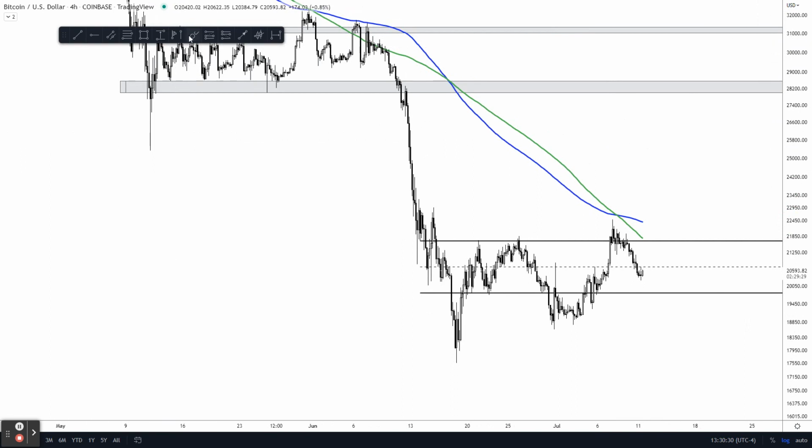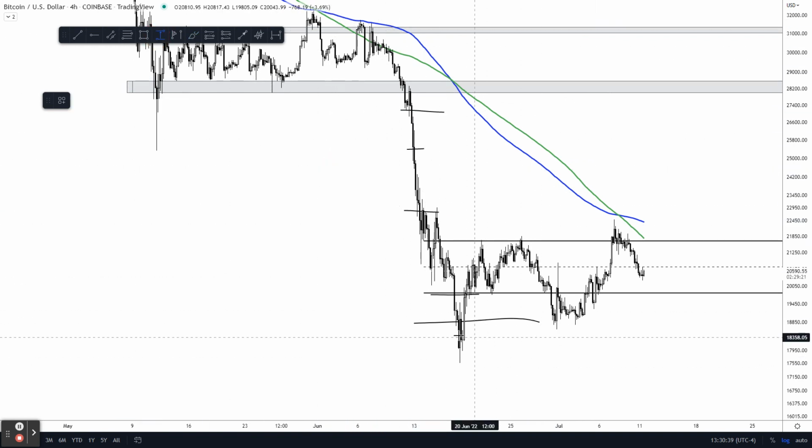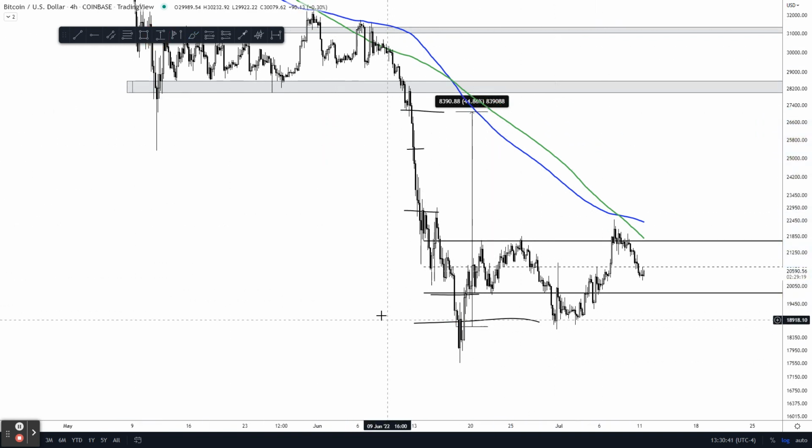If we're sitting here arguing, hey, 4 hour 200s, 4 hour 200s, yes, it's a valid analysis, but that's a 45% move, right? We don't want to sit there and wait for 45% to then say, oh, 4 hour 200s. And that's the same argument we were making all the way down here. We want to give ourselves a more actionable analysis.